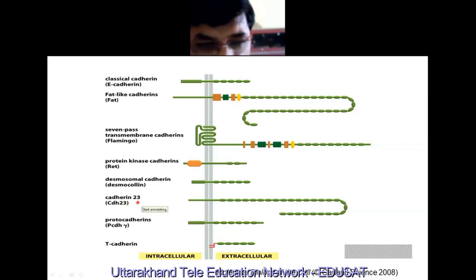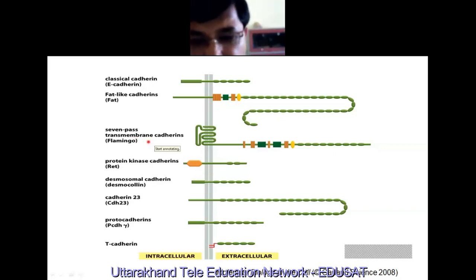And cadherin 23, that is CDH23, also has many transmembrane domains. And the desmosomal cadherin, desmocollin, also has a transmembrane domain. The protein kinase cadherin has an extracellular and an intracellular domain.